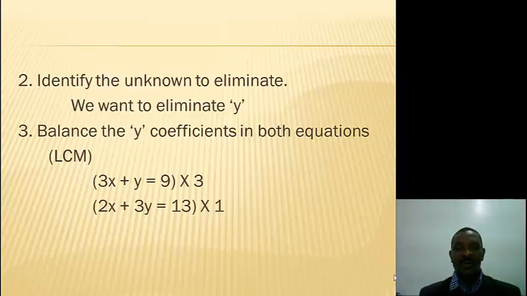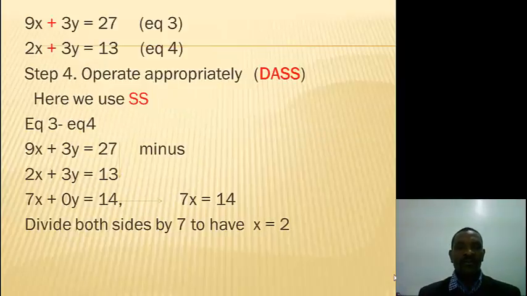We make 1 become 3 by multiplying the whole of equation 1 by 3, and we maintain the second 3 by multiplying the whole of equation 2 by 1. We have 9x plus 3y is equal to 27 as equation 3, and 2x plus 3y is equal to 13 as equation 4. You can see I have put my signs in red.